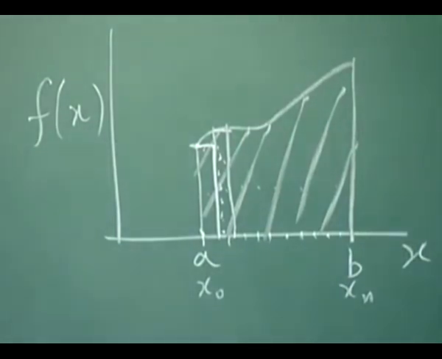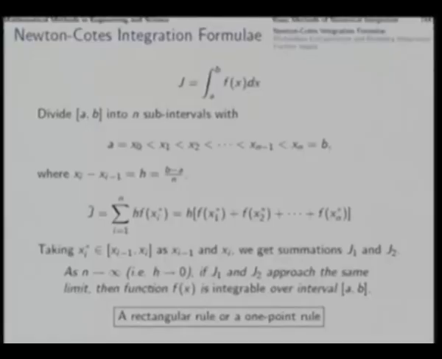Now, as n tends to infinity, that is, as the number of subintervals becomes very large and the size of the subinterval tends to 0, if the two estimates of the integral approach the same limit, then by definition we call the function integrable over the interval a to b. That is the definition of integrability and the definition of integral.